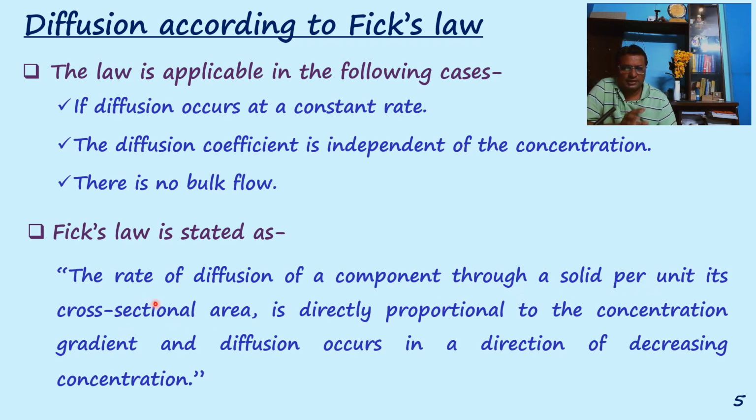That means if a component is diffusing through a solid, then its rate, measured per unit cross sectional area of the solid, is directly proportional to the concentration gradient, and diffusion occurs in a direction of decreasing concentration.